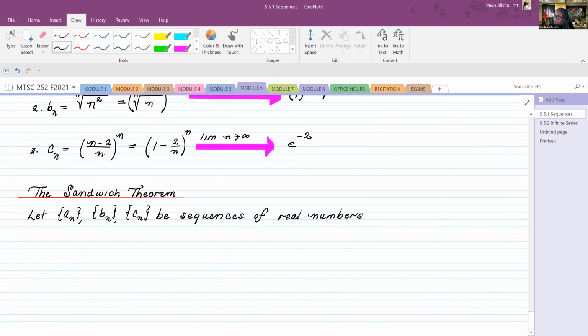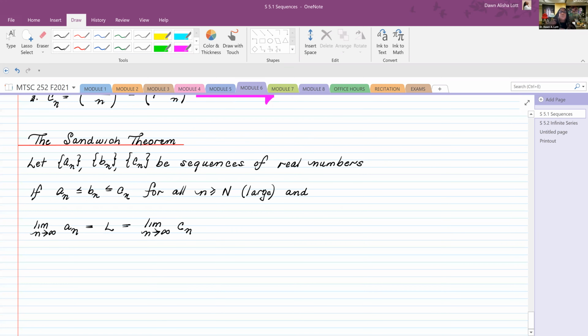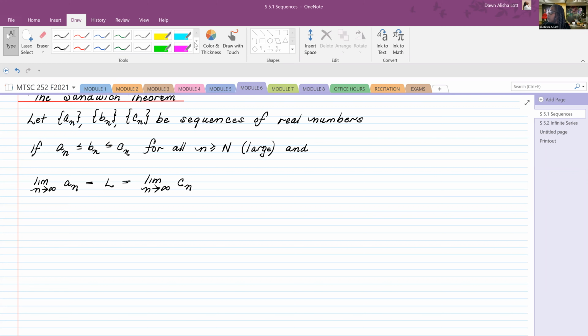If a_n is less than or equal to b_n is less than or equal to c_n for all n bigger than or equal to some N, so you just have to find this N large, a very big number, and the limit as n approaches infinity of a_n is the same as L is the same as the limit as n approaches infinity of c_n, so the biggest one and the smallest one have the same limit, then that implies the one scrunched up in between also has the same limit.